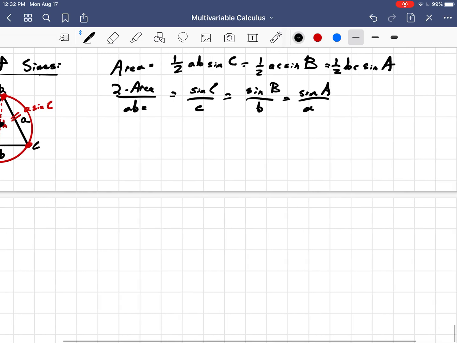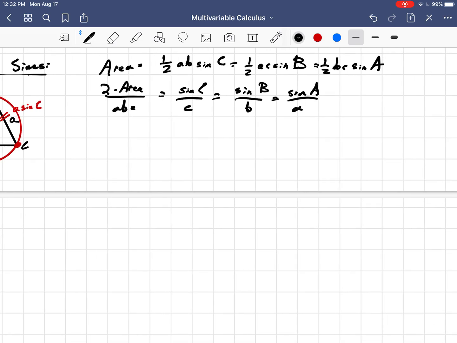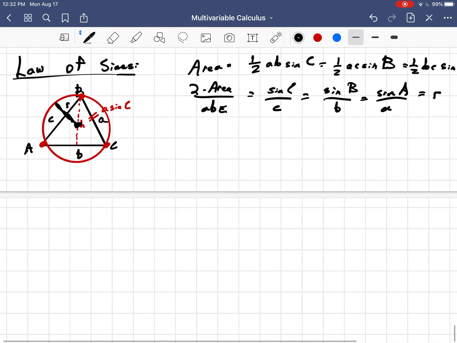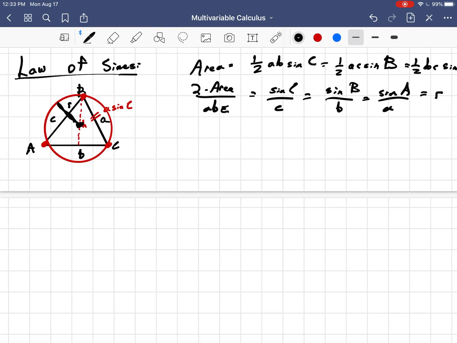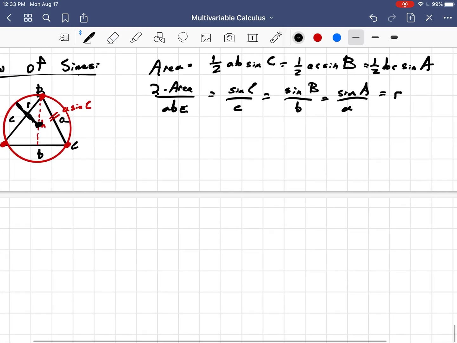Then the full, totally general law of sines says 2 times the area of the triangle divided by the product of all the lengths of the sides is equal to all this stuff, but it's also equal to r, the radius of the circumcircle of triangle ABC. And so this part here is the fun little geometry exercise I would leave to you all.